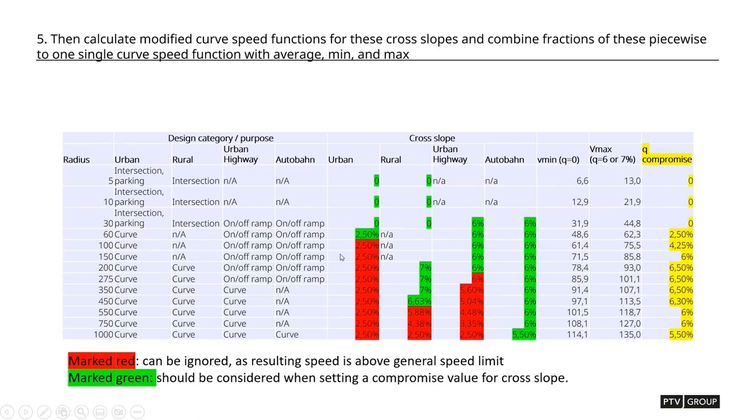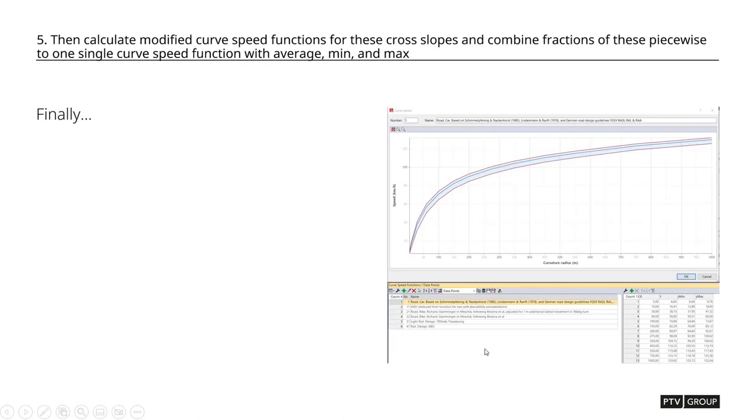And these considerations I do for all road categories, and come up with this assumption of cross slope which should be expected, most likely, for such a radius. And then I use the speed according to this cross slope. And that's what you find in the defaults IMPX file as the compromise and default function.